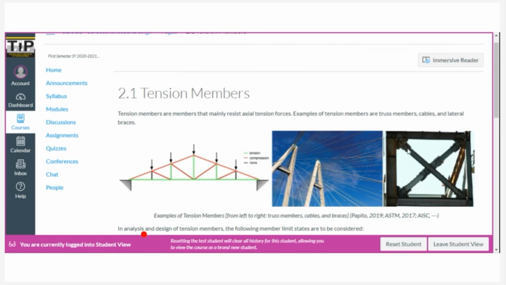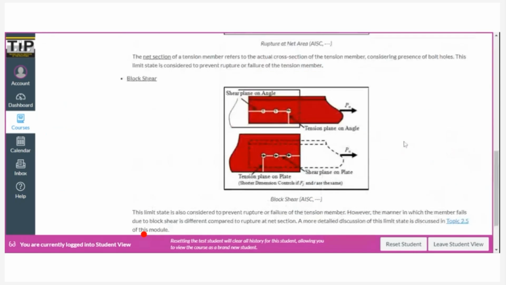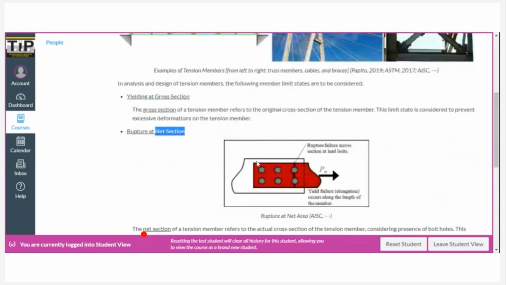So what does it mean? Yielding does not mean a thing in that section because you cannot actually observe the deformation here, the yielding here. You do not observe yielding here kasi maikli nga. So meaning kung may deformation man siya due to yielding, you will not be able to observe it.